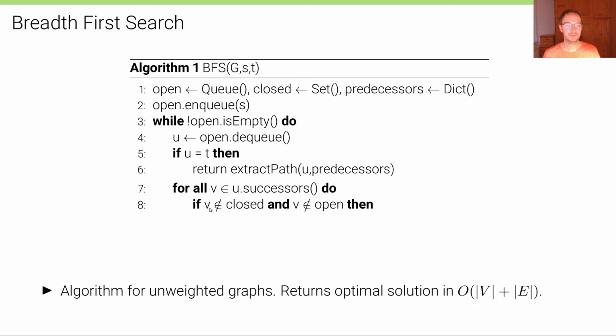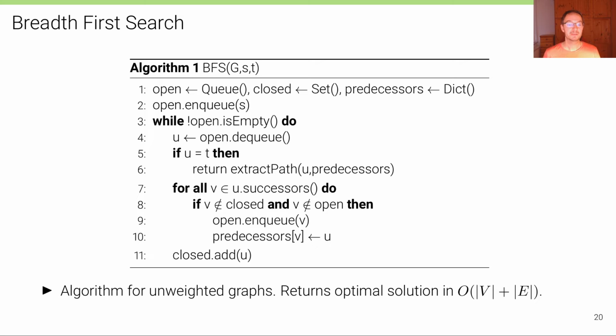If the successor V is not in the closed set yet, and if it's not in the open set yet, then we're going to NQ it into the open queue, and we're going to add the node U to the predecessor dictionary at key V. And then finally, we're going to add node U to the closed set because we have processed it. And that's it. Okay?